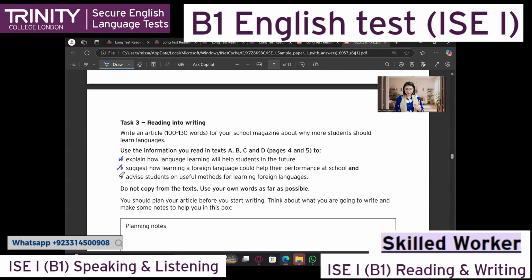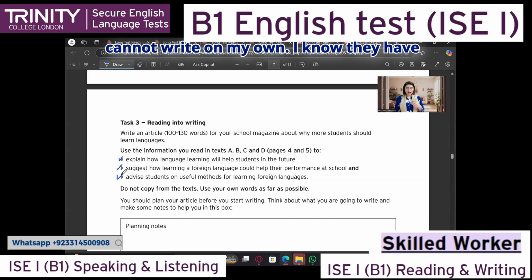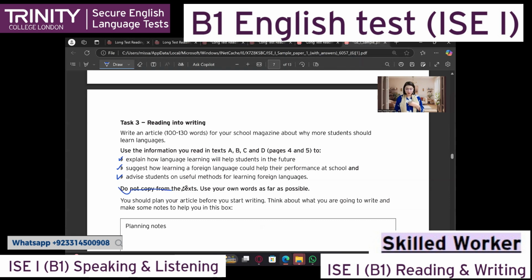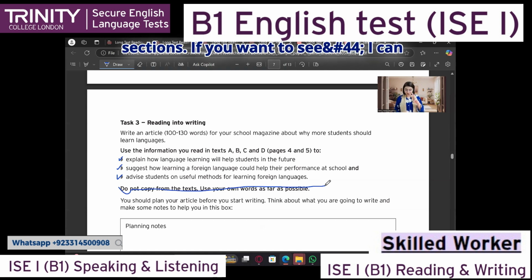You need to think that these bullet points are questions, and I need to find answers to these questions from the text. I cannot write on my own. I know they have written in here, do not copy from the texts, use your own words as far as possible, but you need to ignore this completely and trust in this, that their diagnostic report has 3 sections.